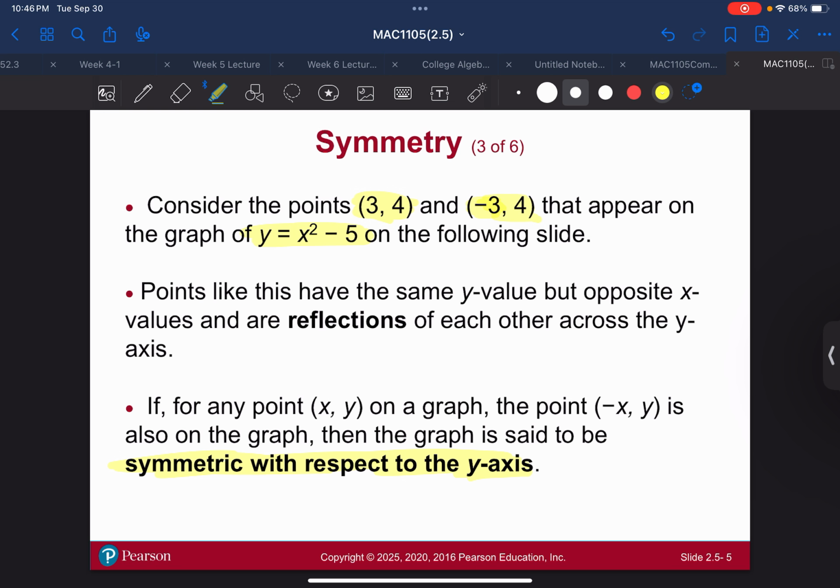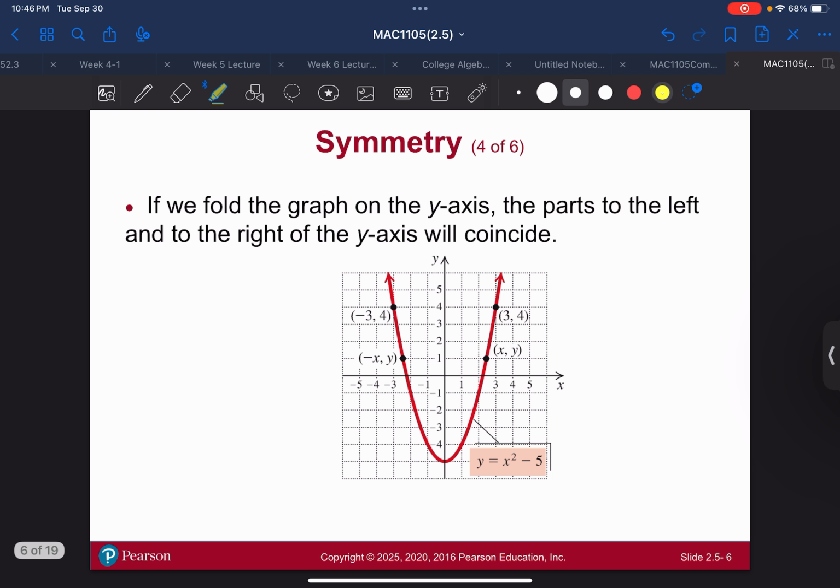And if we look at the graph of that, we see this parabola, and here are the 2 points that we started with. And if we pick any other 2 points on there, let's say these 2 right here, then the one on the left is (-2, -1), and the one on the right is (2, -1).